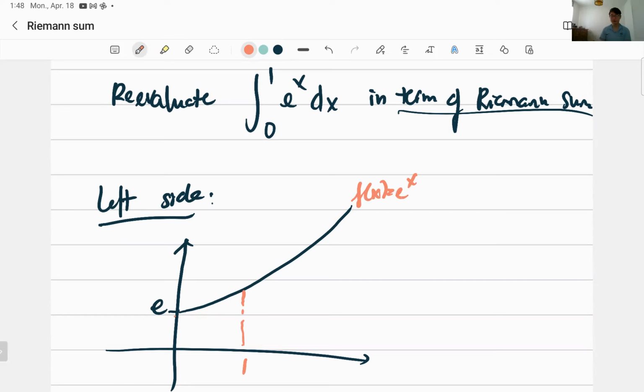I don't care about the function itself. So this is one, and this is e. My bad, I was thinking this one is equal to one. Anyway, let's start with this.